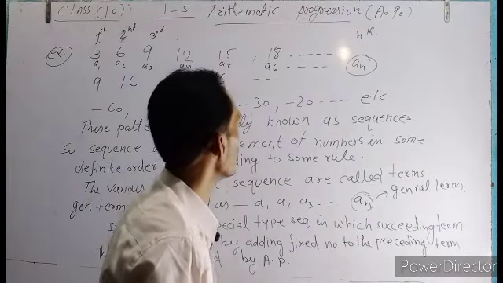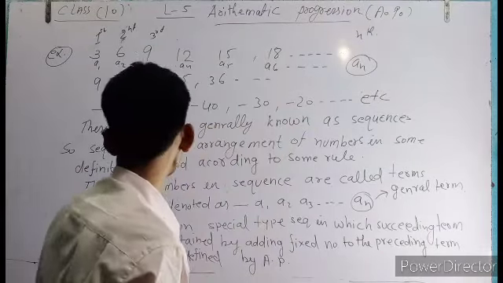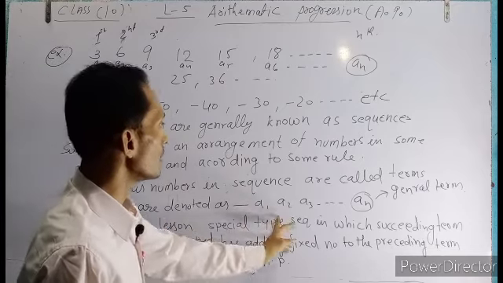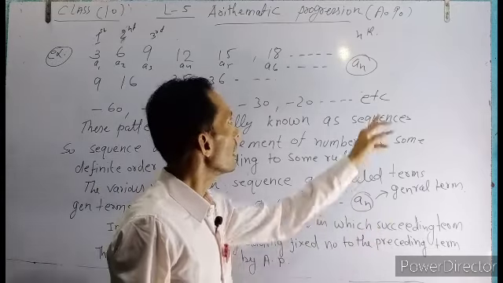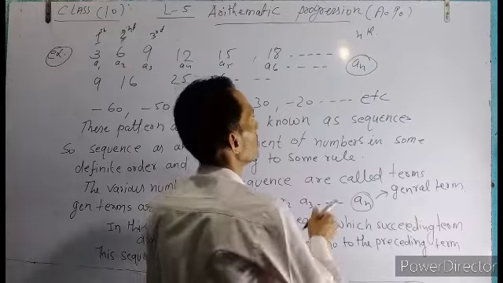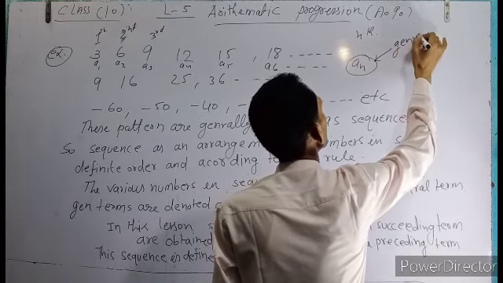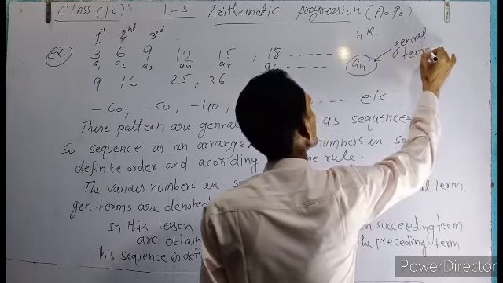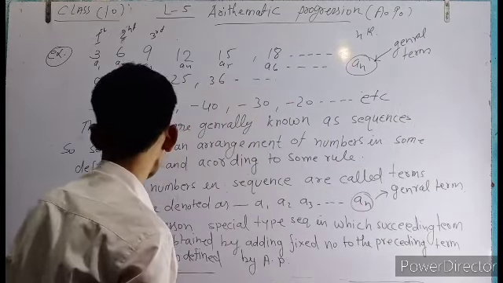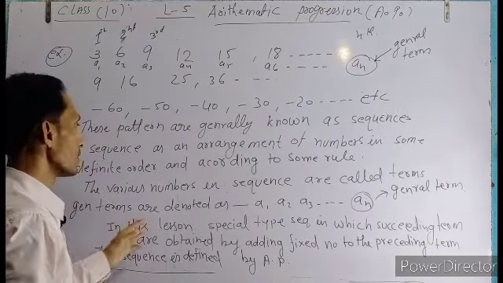This is the nth term of the sequence, and the nth term is called the general term. General terms are denoted by An.